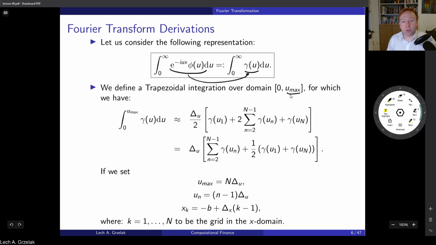For that, we will choose u max. As you remember, when we were plotting, the characteristic function was spinning in a kind of tube. Then u max determines the last moment where the spinning goes to 0. This is our limit.